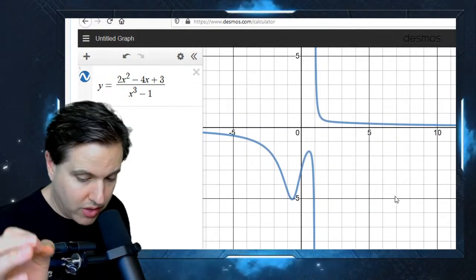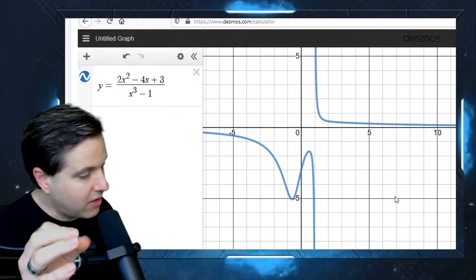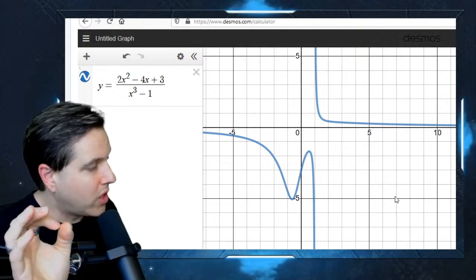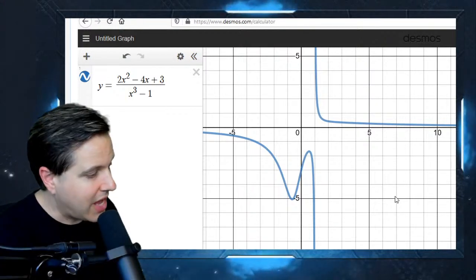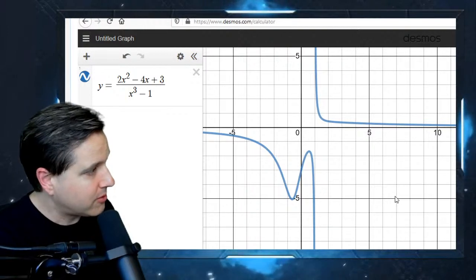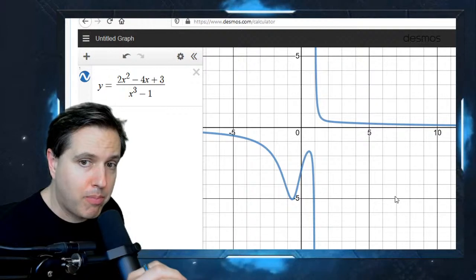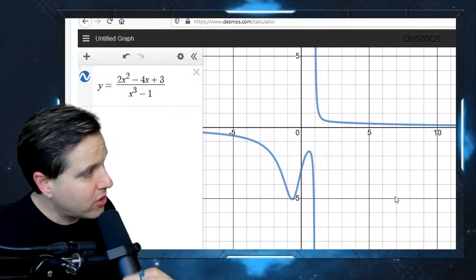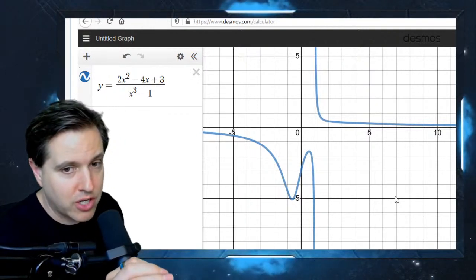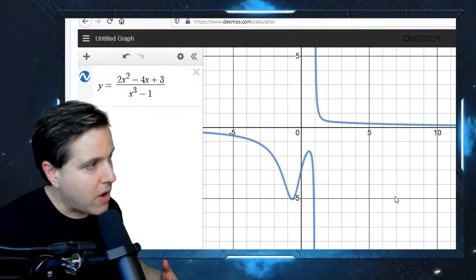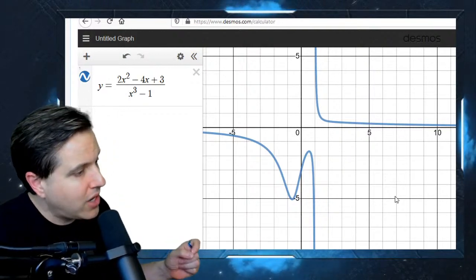Well, if you look on page 113 in the book, they give you the 3 cases. So what you're always going to look for when you want the end behavior of these rational functions, you're looking at the degree of the polynomial in your numerator and the degree of the polynomial in your denominator. Okay, so this is how it works for rational functions. And you're comparing those degrees.